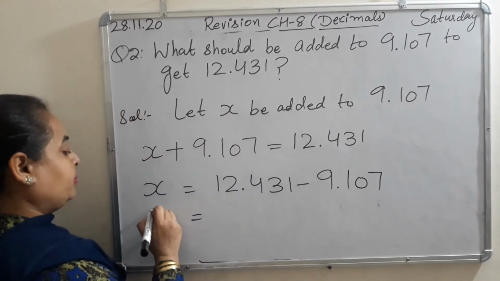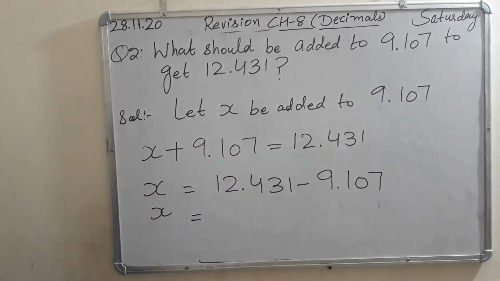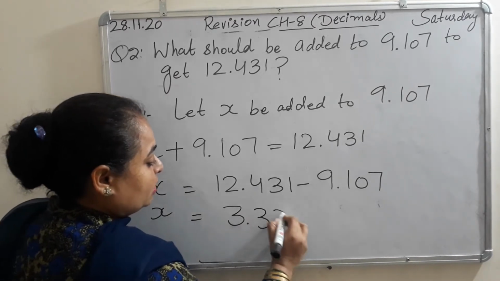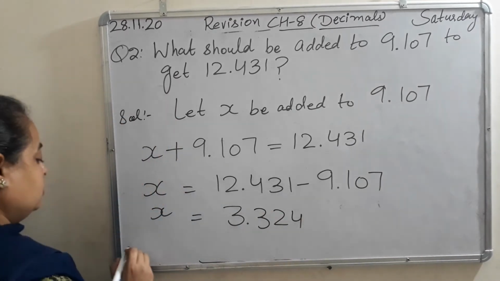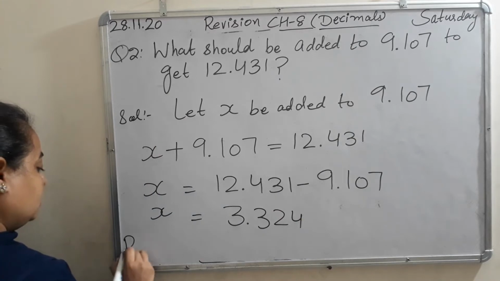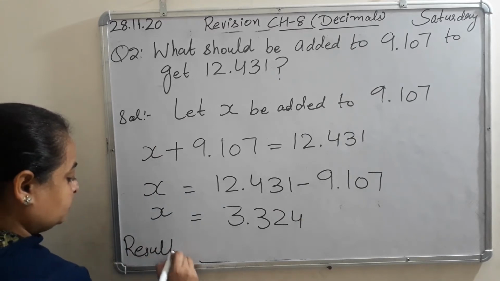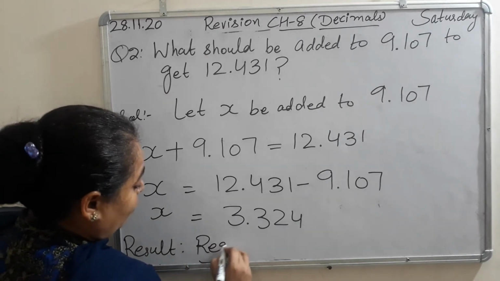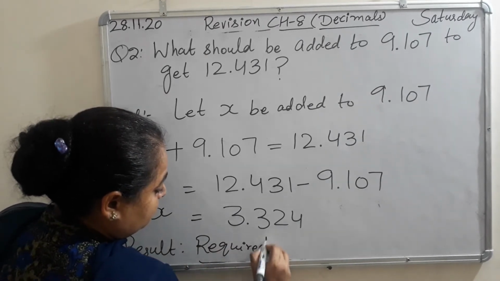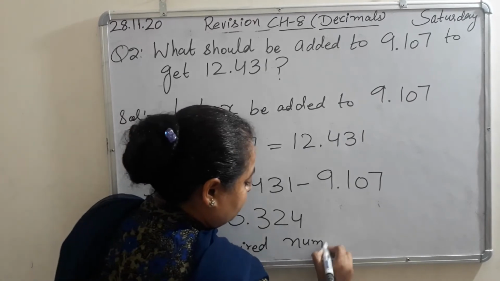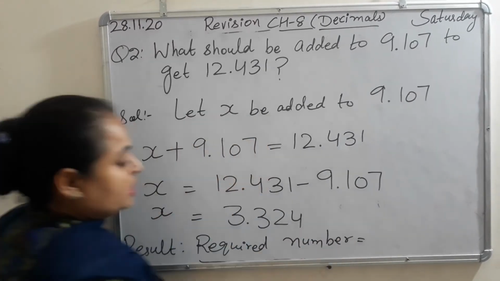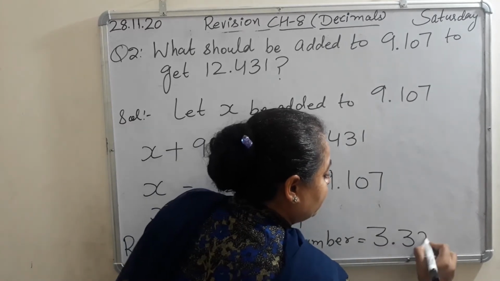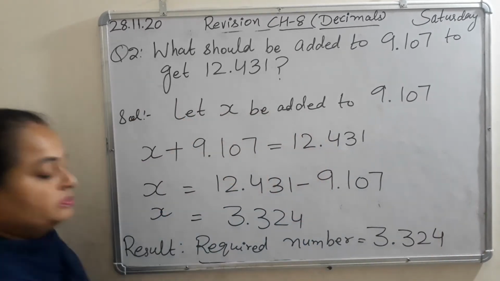And after subtraction, you will get 3.324. So the result, the required number, is equal to 3.324.